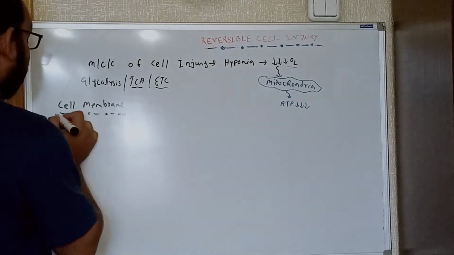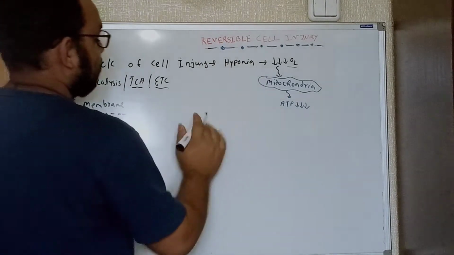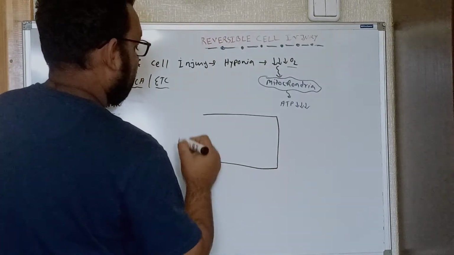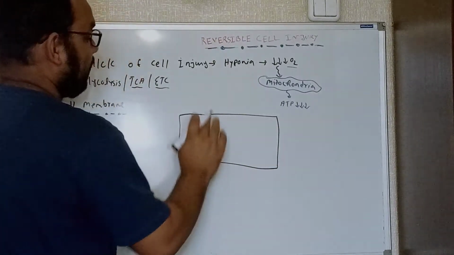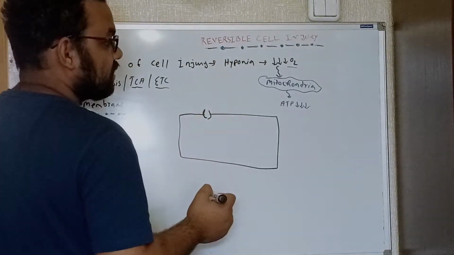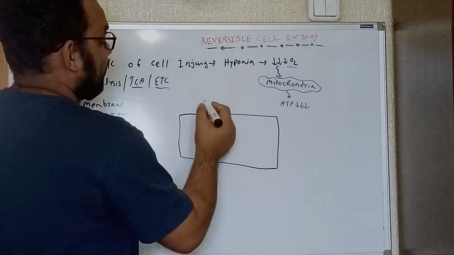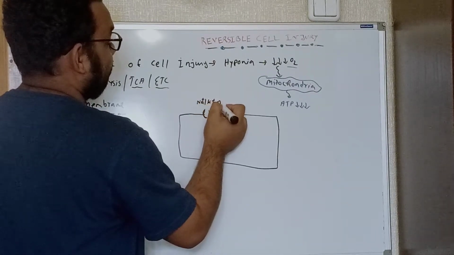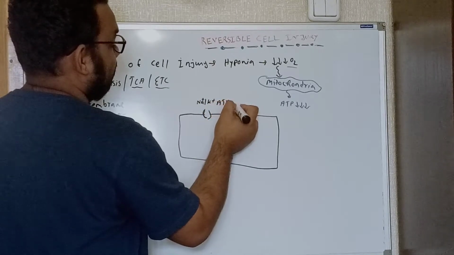Let's assume this is the cell membrane, the whole cell. We know that within the cell membrane there are some types of transporters, one of the most important being the sodium potassium ATPase transporter.